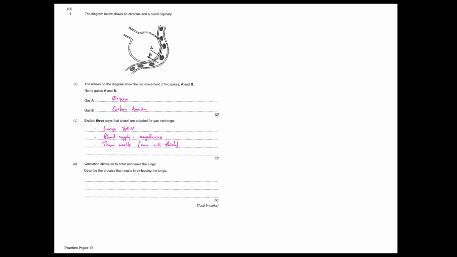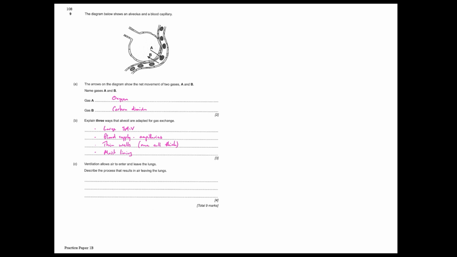And there we go, there's our 3 marks. The other things you can have in there, the moist lining as well as specific to alveoli. So the moist lining will help gases to diffuse. Gases diffuse much better in a dissolved state. So they dissolve in that moist lining and then they'll diffuse across into the cells.